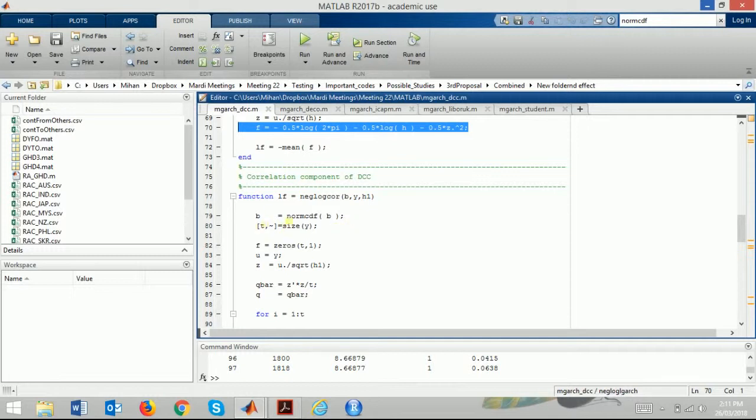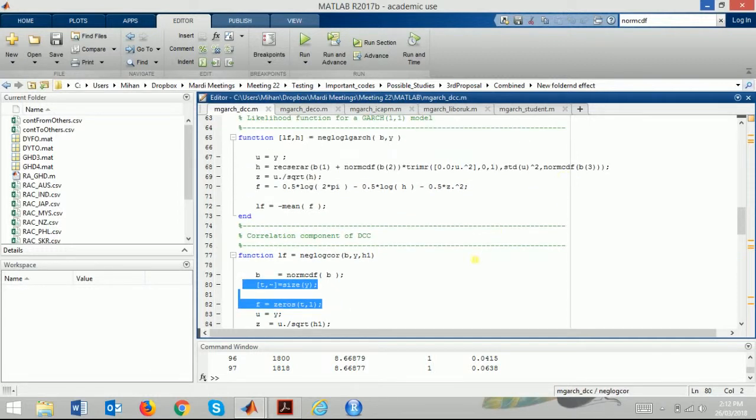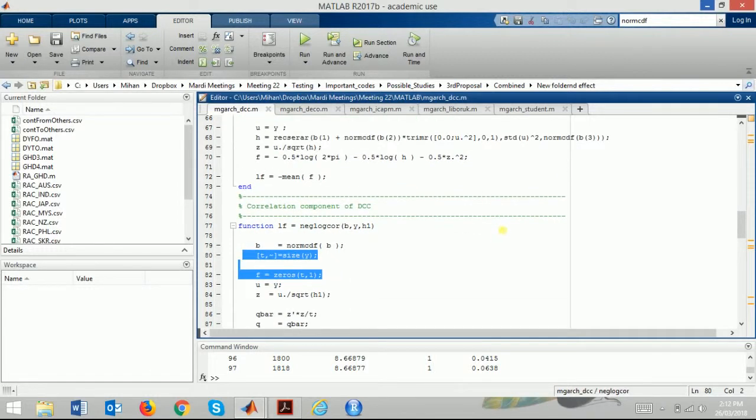B is again x, the normal cumulative distribution function. Just memorize it. T rows, column size of y, where the T rows are selected in T. So we're just setting things in motion. Y equals u, so y squared is the mean.